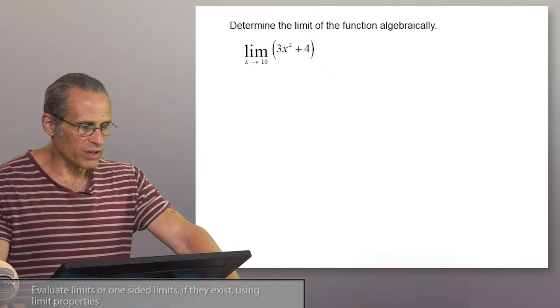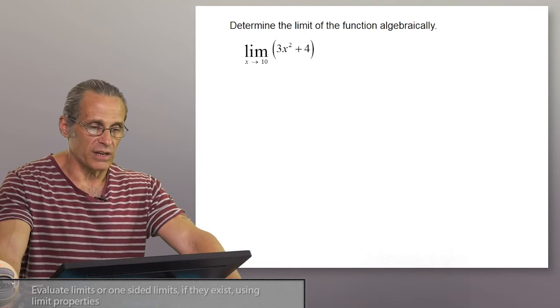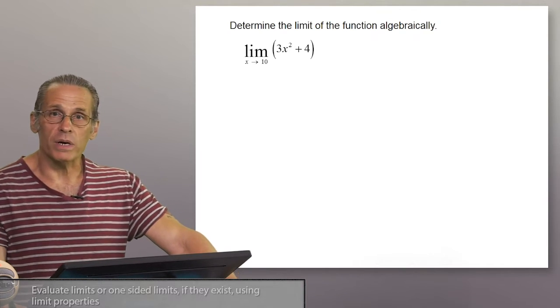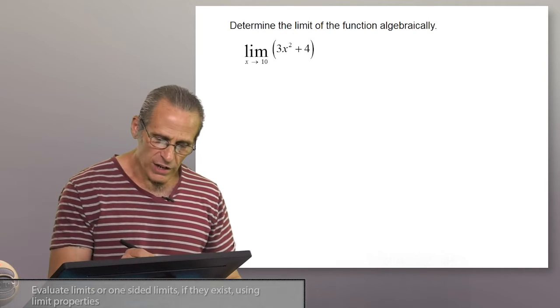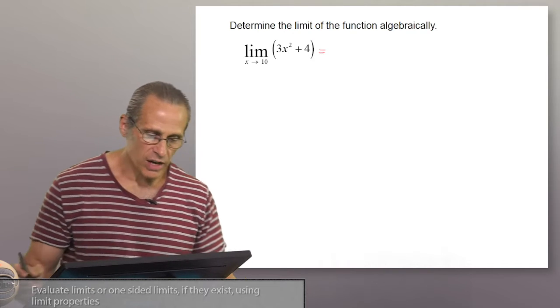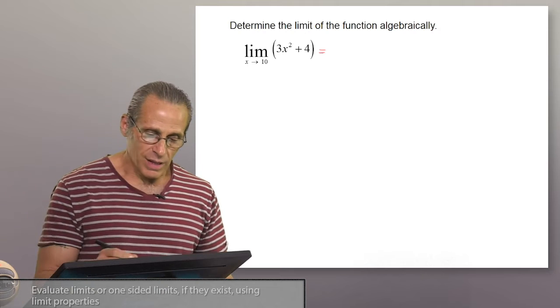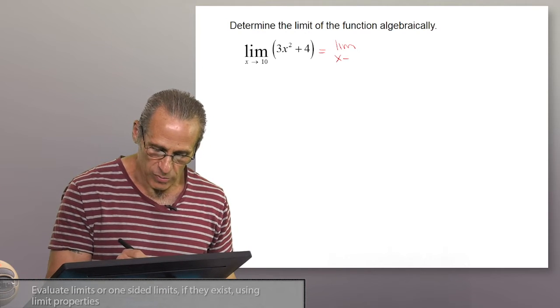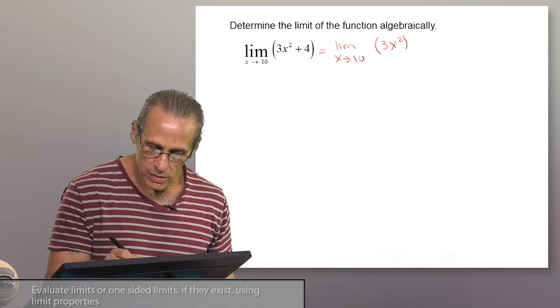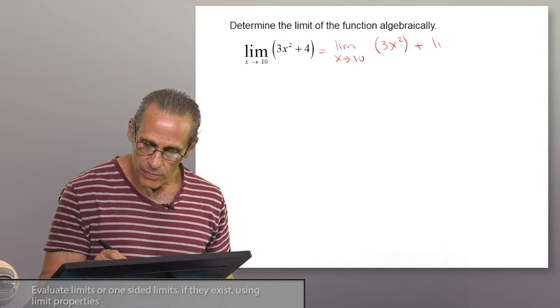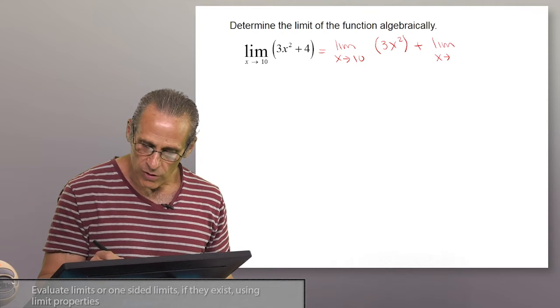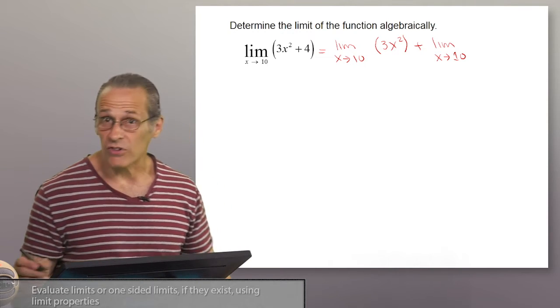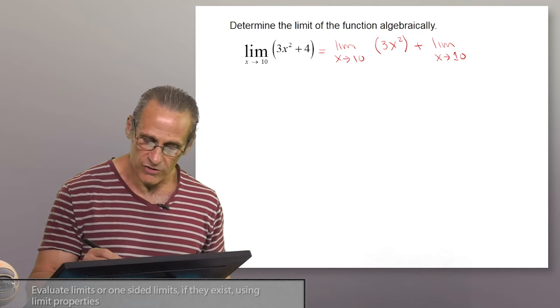The first one is we want to take a look at the limit as x approaches 10 of 3x squared plus 4. So what we can do is take the limit of a sum and write it as a sum of the limits. So I have the limit as x approaches 10 of 3x squared plus the limit as x approaches 10 of the constant function 4.